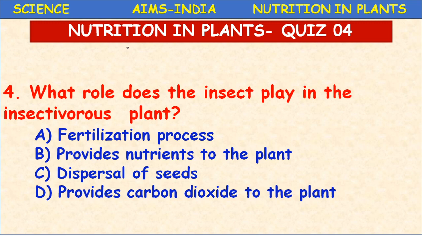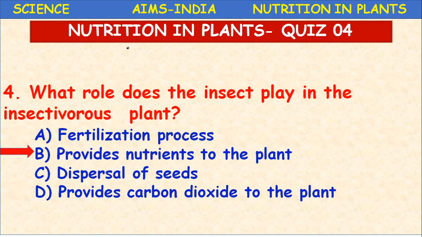Option B. They provide the nutrients to the plant. Which nutrient mainly? Nitrogen. Where is the nitrogen present in the insect? Proteins are the nutrients which are made up of nitrogen.